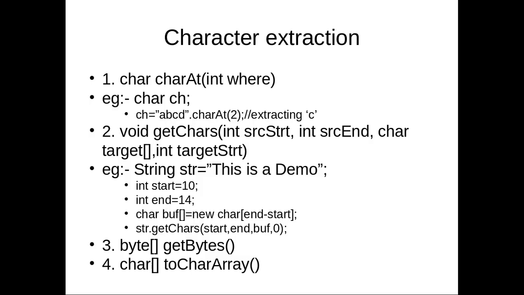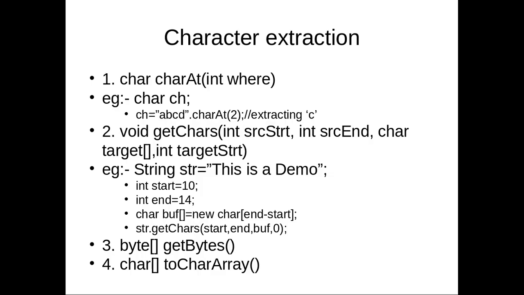Here you have defined a string str, which is "this is a demo", and start is the 10th location, which is D, and end is 14. Actually, if end is equal to 14 it means not up to 14, but up to the 13th character. That means the 10th character to the 13th character is demo, D-E-M-O. So that is the portion of the string you have to take.